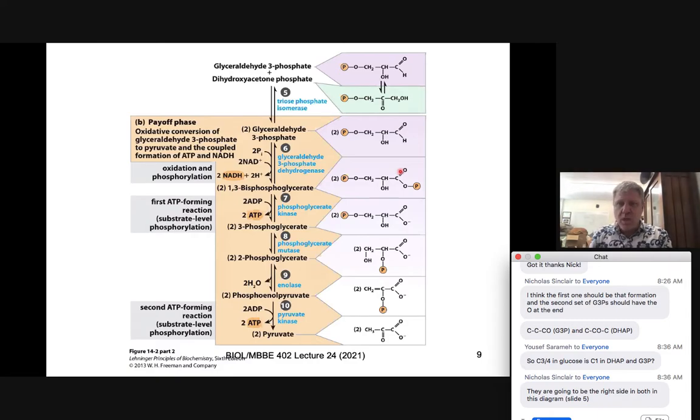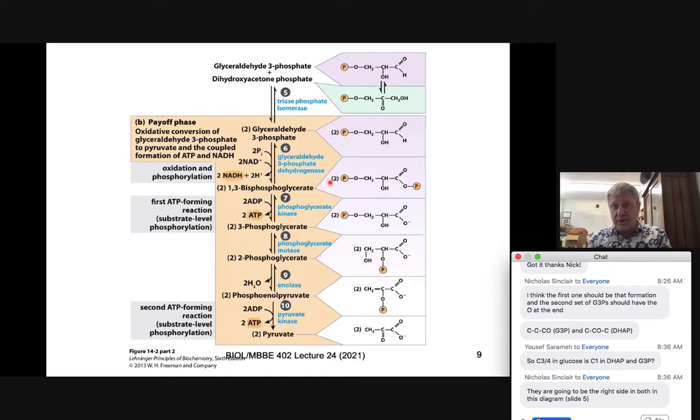Okay, so we now have 1,3-bisphosphoglycerate, which is now going to be a very viable molecule to cause the release of this phosphate group from this particular ester to produce now ATP.